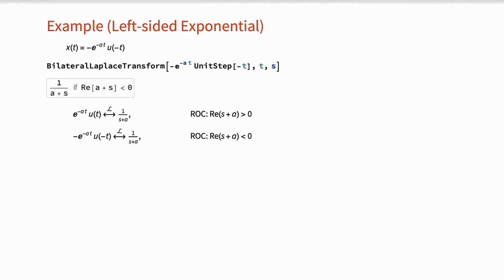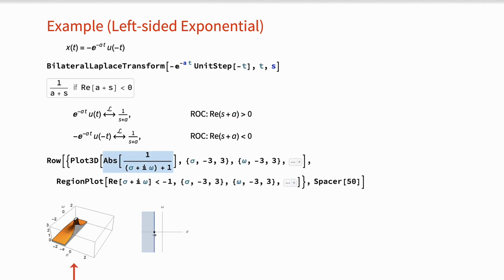As we did for the previous example, let's plot the magnitude of the Laplace transform and the region of convergence. With this example, you can see that both the Laplace transform function and its region of convergence are necessary to uniquely associate a signal with its Laplace transform.